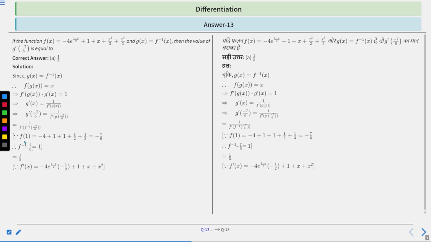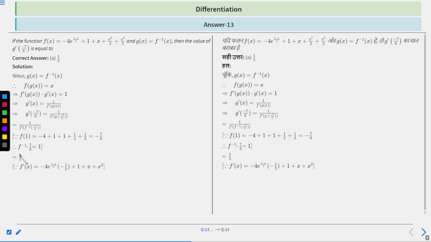Now, how will we find f(1)? We will put the value of x as 1 in this equation. So f(1) is minus 4 plus 1 plus 1 plus 1 by 2 plus 1 by 3, which equals minus 7 by 6.